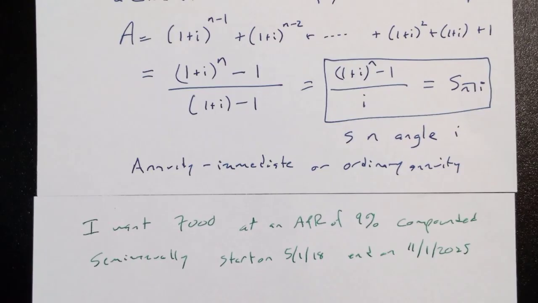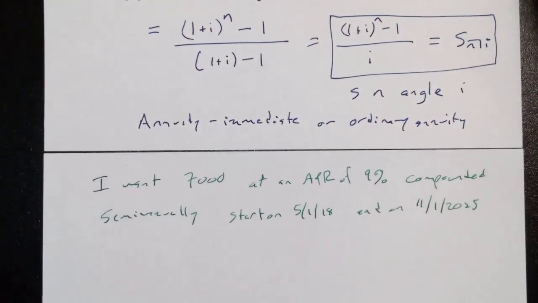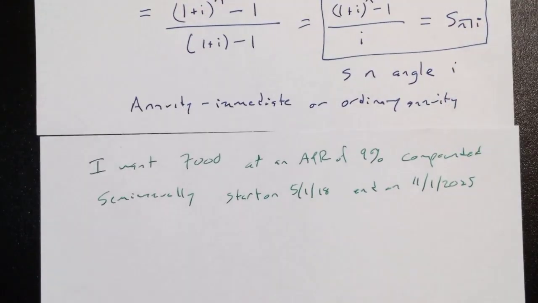Again, I'm stealing the dates from the textbook, but we could set this up for however many years moving forward you want. If I start in May of 2018 and end in November of 2025, how many payments every 6 months will I make?